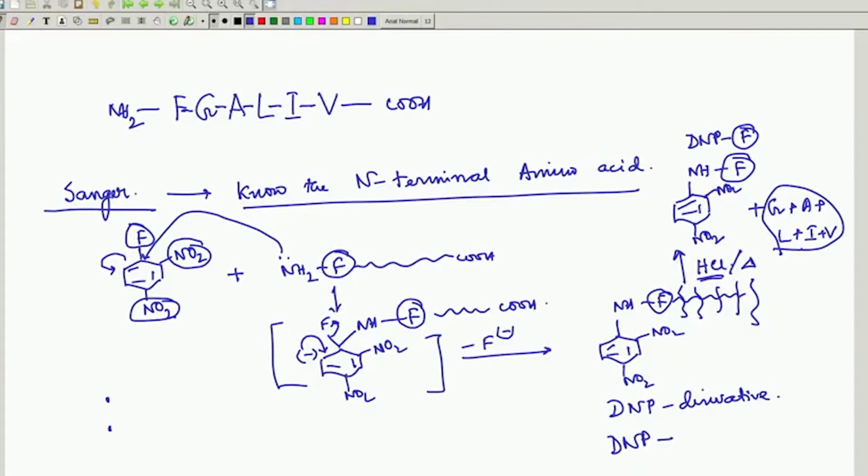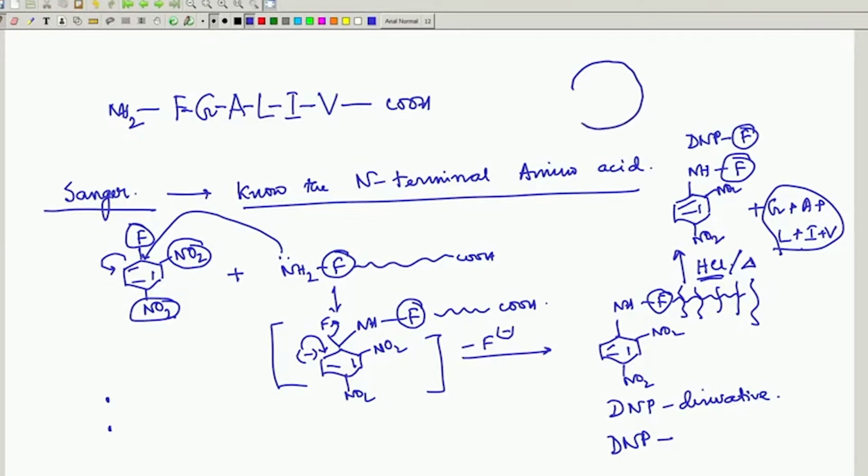But you know the first amino acid. You know why it is important? It is important because if a peptide is cyclic or if the amine is somehow protected with something else, okay. There are two cases. If the peptide is cyclic, remember, for a cyclic peptide there is no N terminus or no C terminus.